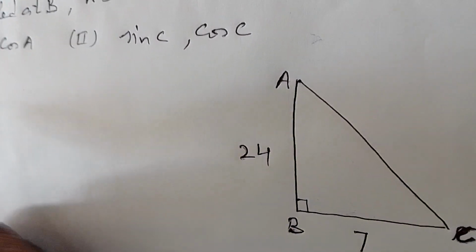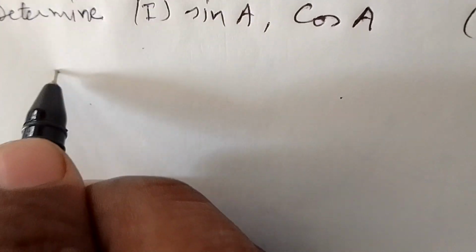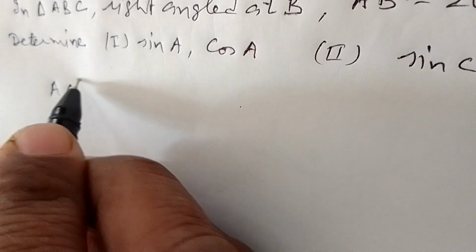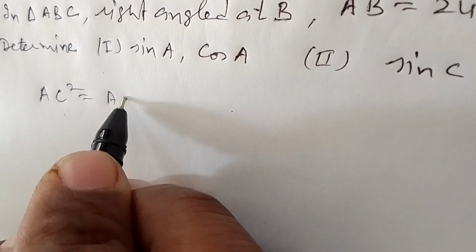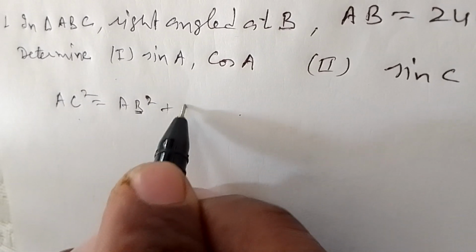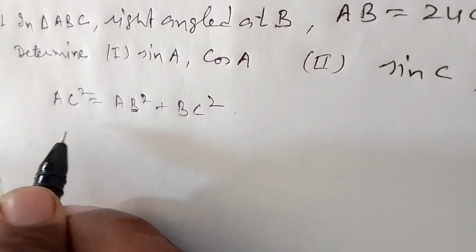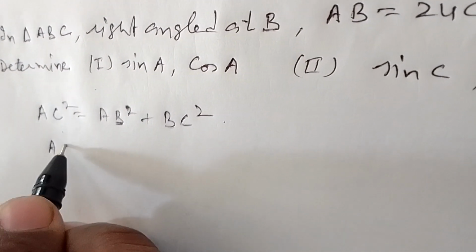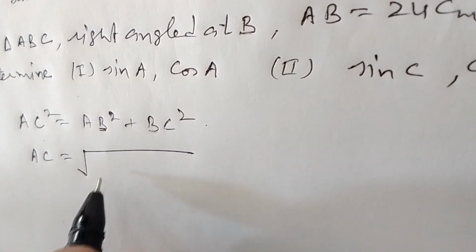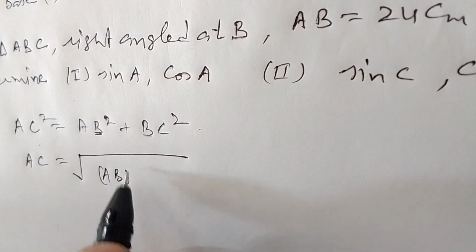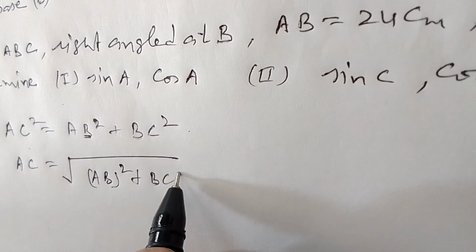Since we have a relation in a right angle triangle, AC square is equal to AB square plus BC square, or it can be written as AC is equal to under root AB square plus BC square.